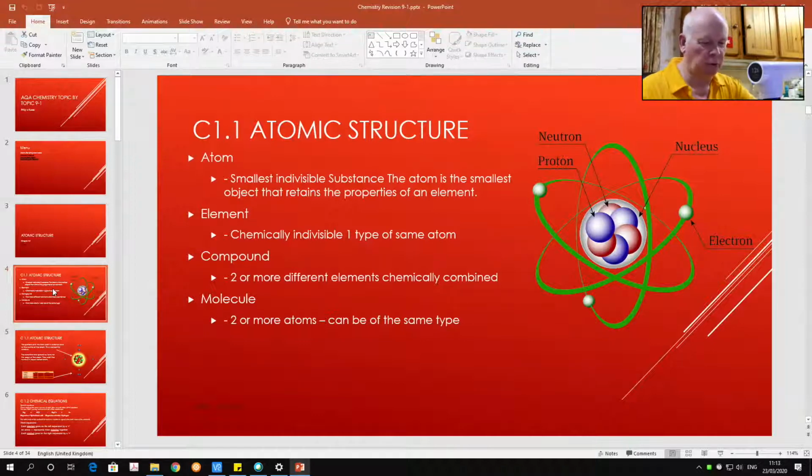Let's have a look at trying to draw one of these and see what we can do. Just moving my snatoms out the way. We've got then simply a nucleus.